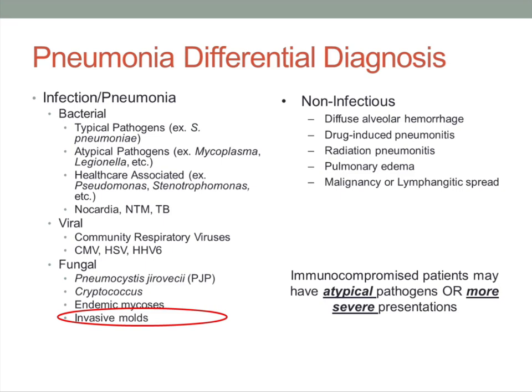Today, we're really going to only be talking about a very small subset of those, the invasive molds, but it is important to remember that the differential is really broad, that you may be looking for these things, as well as non-infectious things, including things like DAH or pneumonitis, or even spread of their malignancy. And another big thing, I think you've noticed with immunocompromised patients, it's not just the atypical pathogens that you have to look out for, they may have a more severe presentation of a typical organism. So just keep that in the back of your head as you're working up these patients.